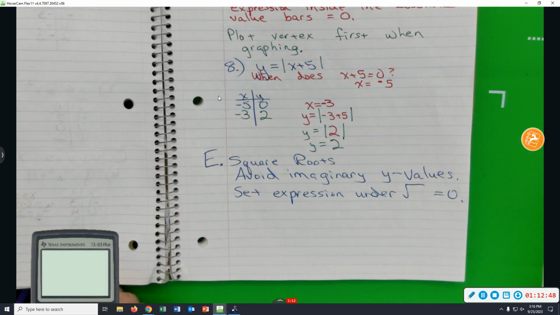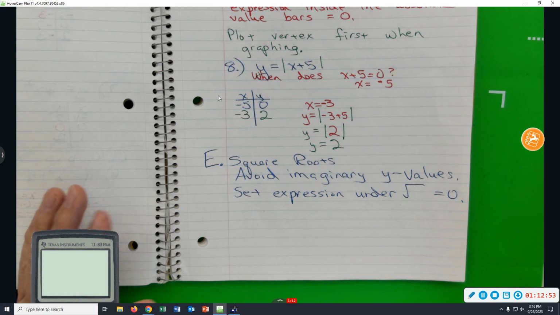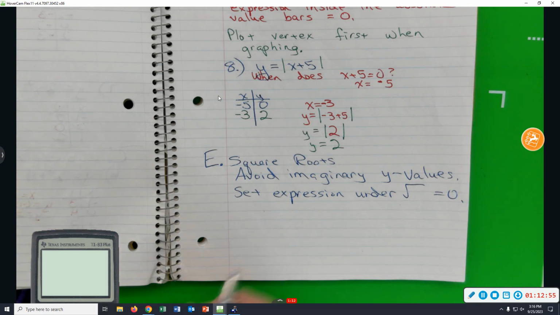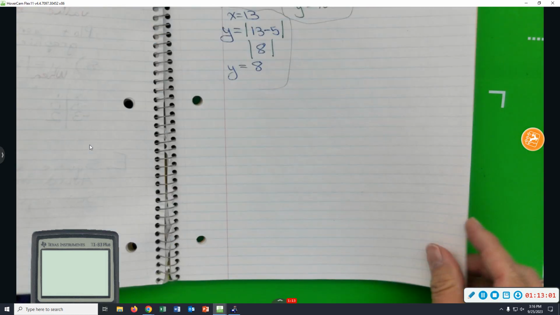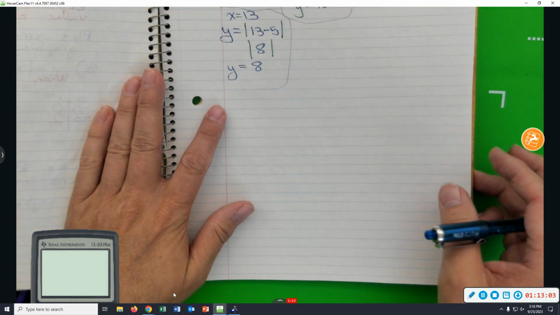And that'll give you a starting point. That's where the graph is going to start. It'll start and either go to the left or it'll go to the right. But that's going to be the starting point. And it sounds a lot worse than it is.